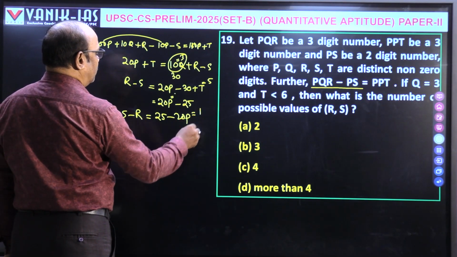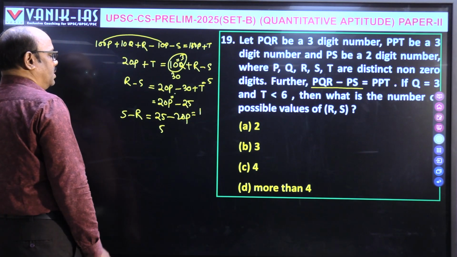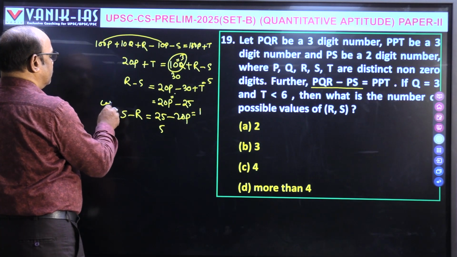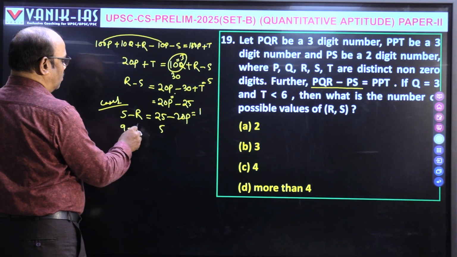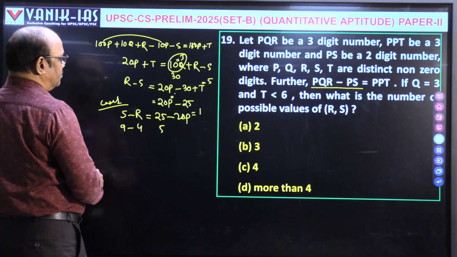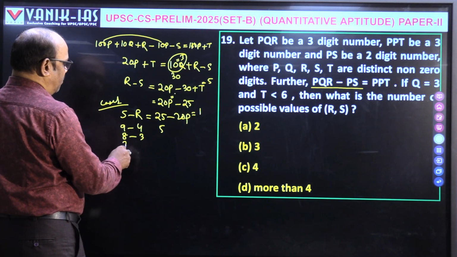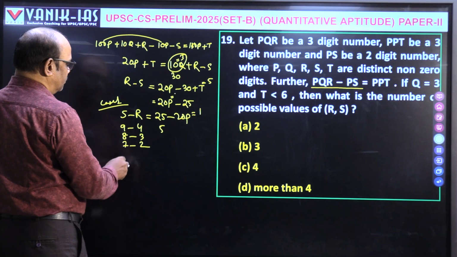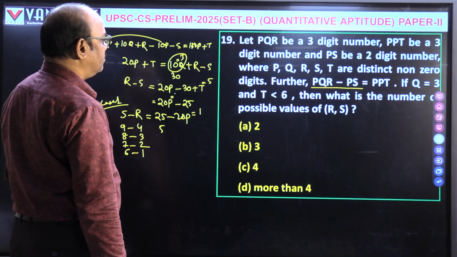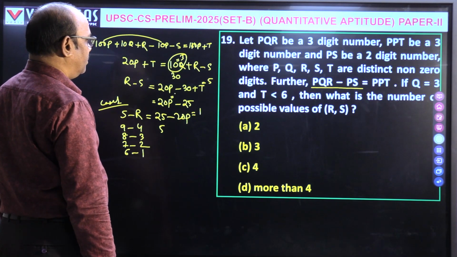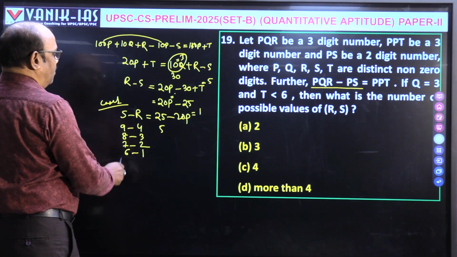If P is 1, the difference is 5. If the difference is 5, it is case 1. So numbers may be 9 minus 4, 8 minus 3, 7 minus 2, 6 minus 1. Right. So 4 possibilities are coming.